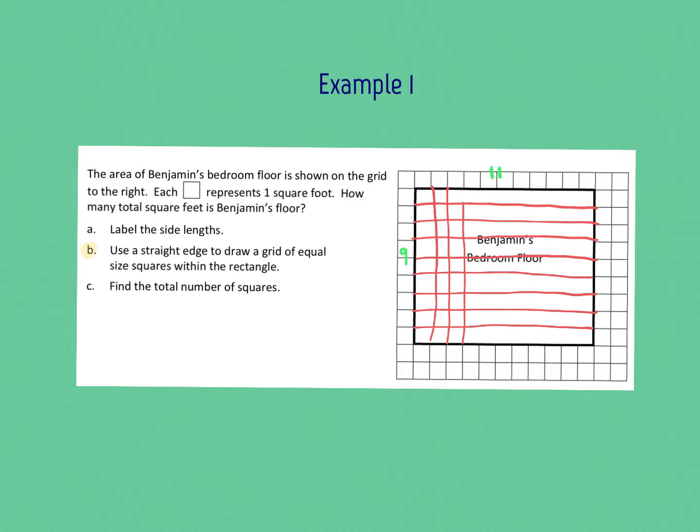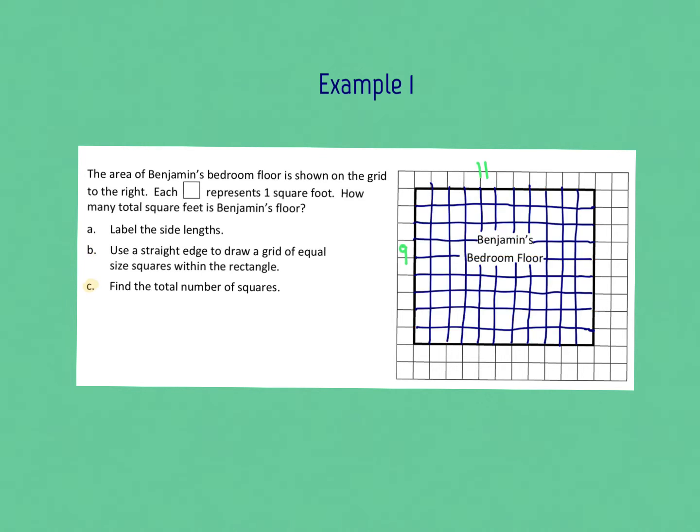Your best bet is to use a straight edge because that will be much more accurate and easier to see. So now we have the grid of equal size squares within the rectangle of Benjamin's bedroom floor.